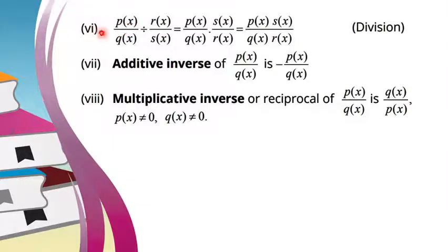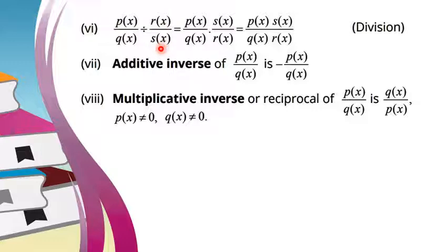Number 6, p of x upon q of x divided by r of x upon s of x. So here when we are going to change the division sign into the multiplication sign, the term written after the division sign becomes the reciprocal of the original.